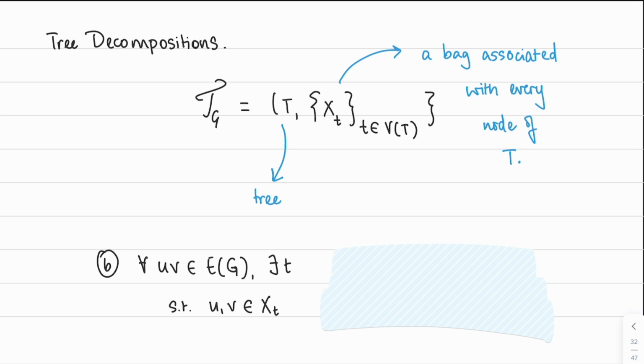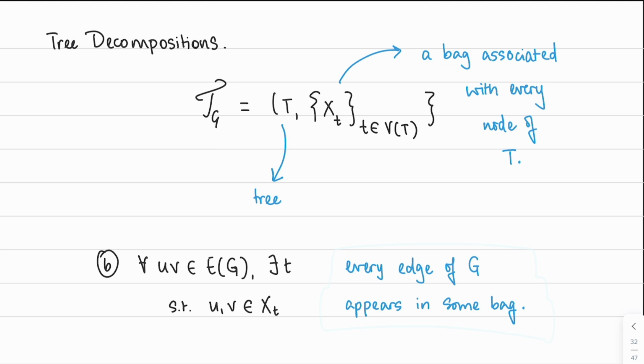So if UV is an edge in the graph G, then there is some bag which contains both U and V. So there is some node T in the tree capital T such that the bag associated with the node T contains both the vertices U and V. So that's edge representation. It's exactly what you would expect.